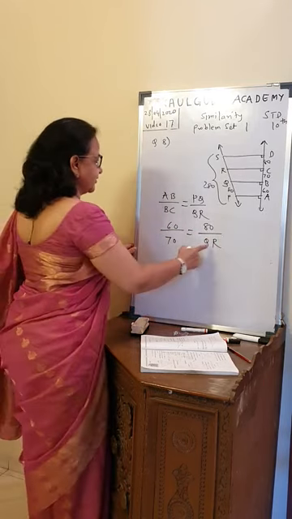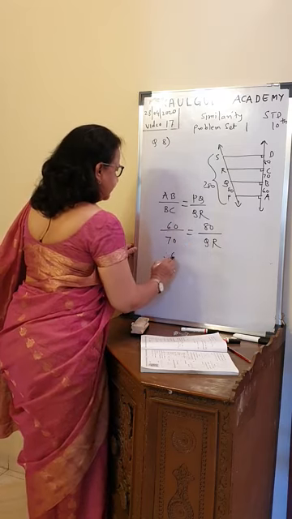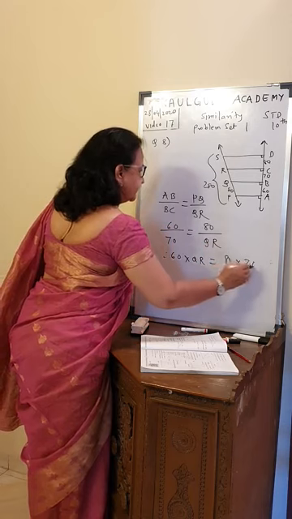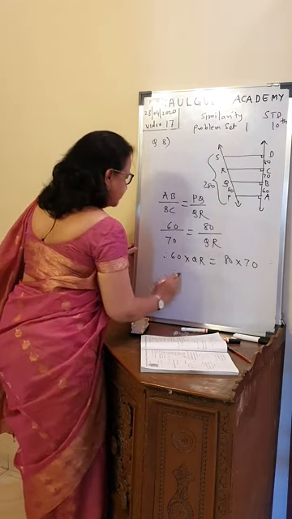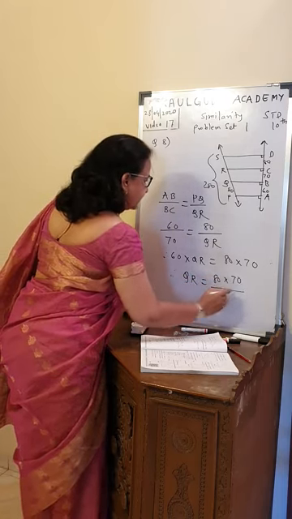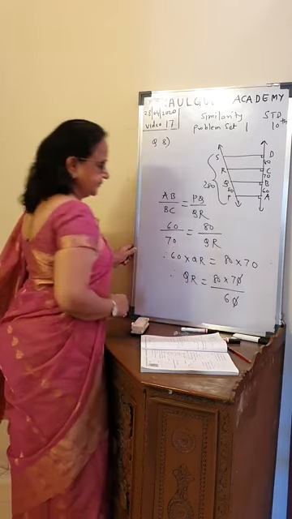If you cross multiply, you get 60 into QR is equal to 80 into 70. 70 goes on that side, and now 60 will divide down. So what is QR going to be? 80 into 70 divided by 60. Cancel the zero.